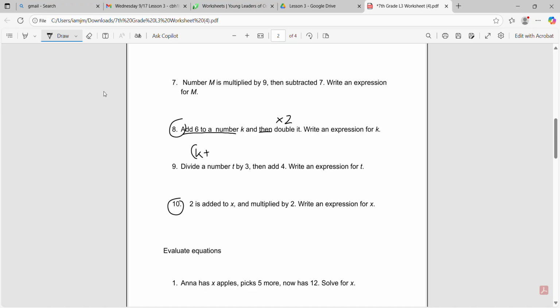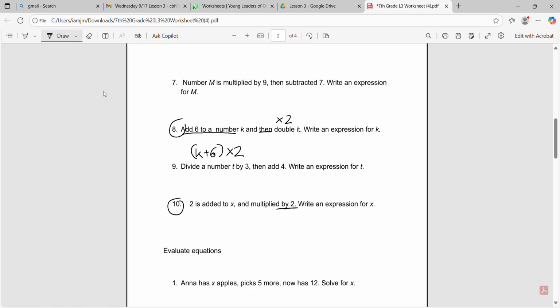So parentheses, k plus 6, times 2. Nice. Number 10. 2 is added to x, comma, and multiplied by 2. So commas and thens indicate a pause in between, and they're emphasizing that these should happen first.